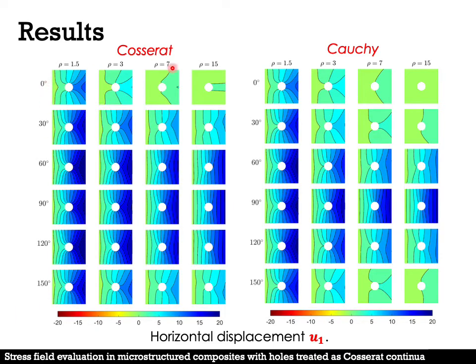As rho increases, U2 has a reduction trend for both models. For the orthotropic material, that is when beta equals 0 and 90 degrees, there is no obvious difference between the two models. Whereas for the central symmetric materials, when beta equals other angles, the U2 from the Cosserat continuum is greater than that from the Cauchy continuum.